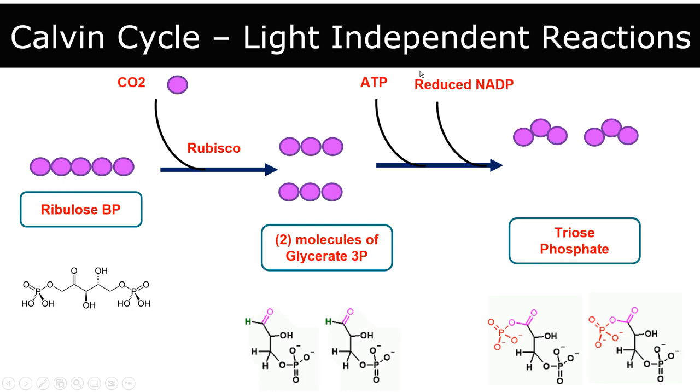So I believe this is going to be oxidized, which means that the reduction is happening over here. So glycerate 3-phosphate is converted into something called triose phosphate. And so now I've got 2 phosphates on it where I only had 1 before. Just a reminder that one of those phosphates had to have come from ATP, so that's the donor of the phosphate. And then triose phosphate now has a couple of options.